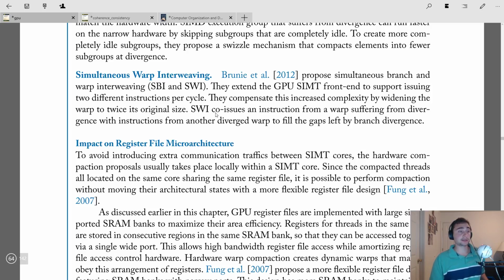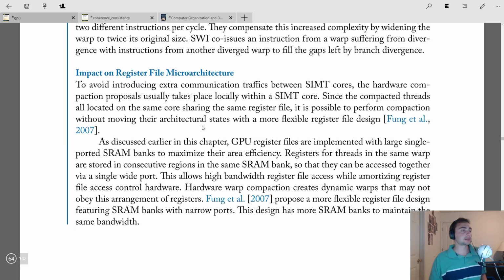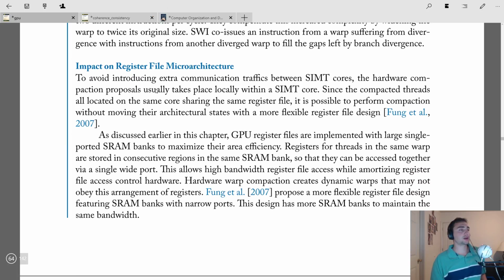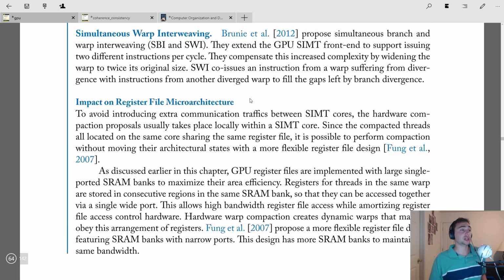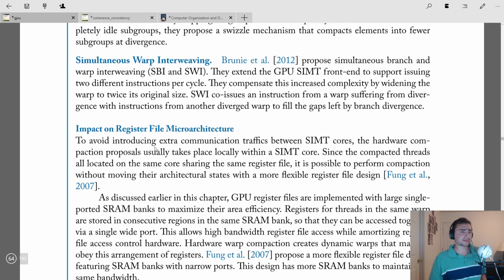So SWI co-issues an instruction from a warp suffering from divergence with instructions from another divergent warp to fill the gaps left by branch divergence, right? So again, we're trying to fill these gaps left by branch divergence by looking at a larger range of threads, right?